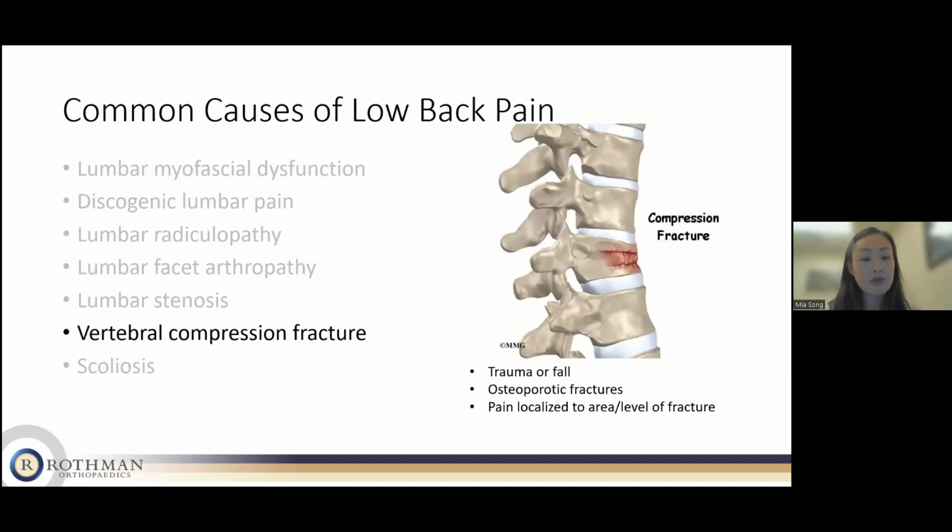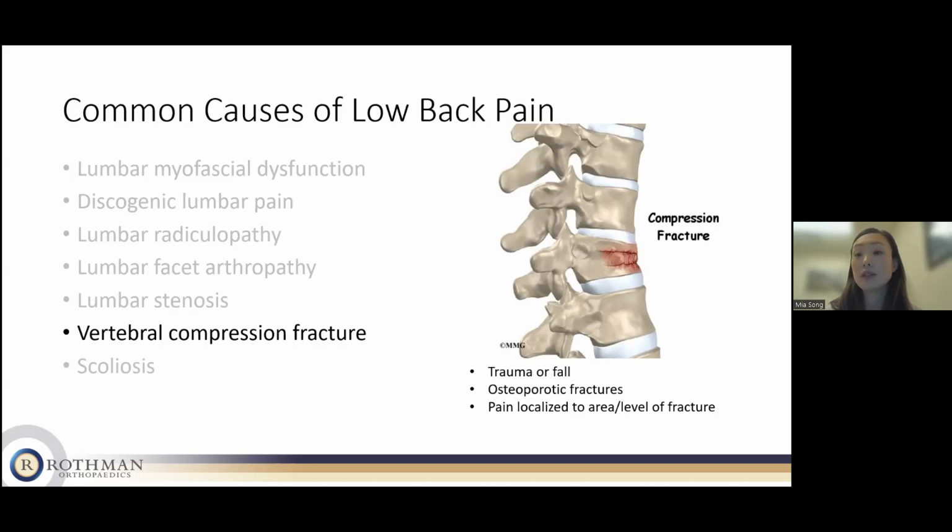Sometimes I see patients with vertebral compression fractures, and that's when the vertebral body has a fracture and starts compressing. You can see in this picture, very exaggerated, there's a little fracture and it causes that deformity in the vertebral body. Sometimes this happens as a result of a trauma or a fall, especially in the winter months with bad weather like snow or sleet.